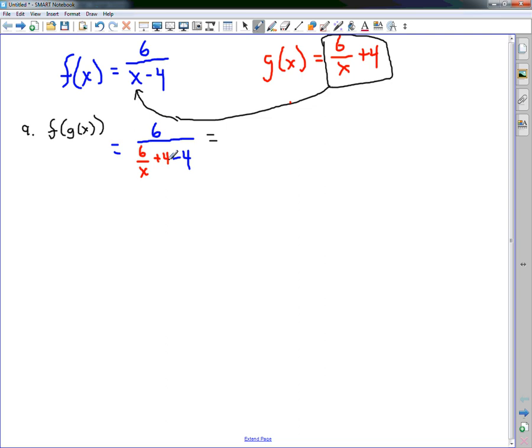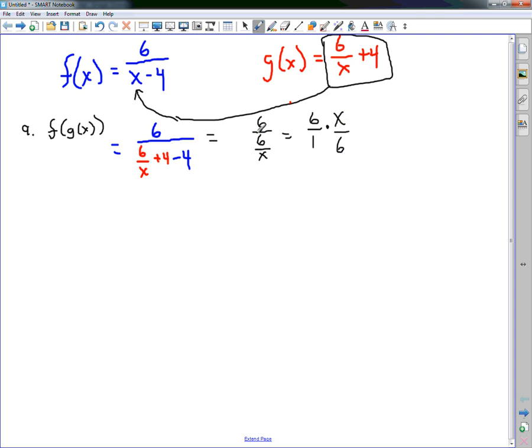Well, plus 4 and minus 4, I can go ahead and cancel those out. That gives me a 0. So I'm left with 6 over x. So we're really working with fractions here. Remember, 6 can really be 6 over 1. So instead of dividing two fractions, I'm going to keep the 6 over 1 times the reciprocal, so x over 6.